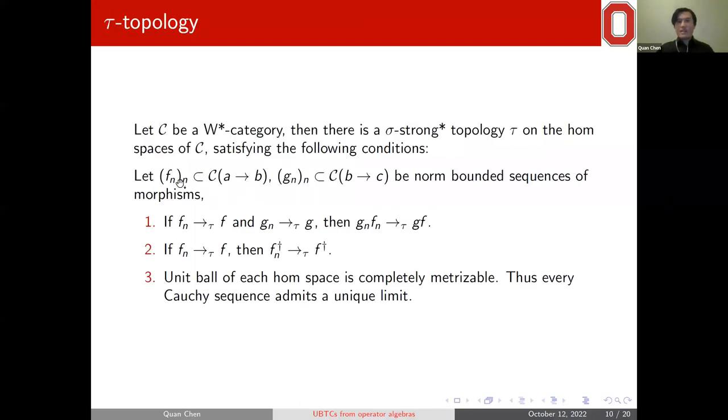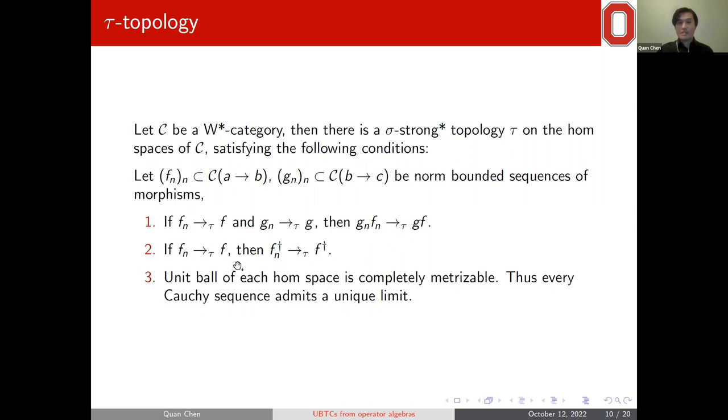If you have a bounded sequence of morphisms F_n from A to B and G_n a bounded sequence from B to C, and if F_n converges to F under the tau topology and G_n converges to G under the tau topology, we want their composition G_n F_n to converge to GF under the tau topology.